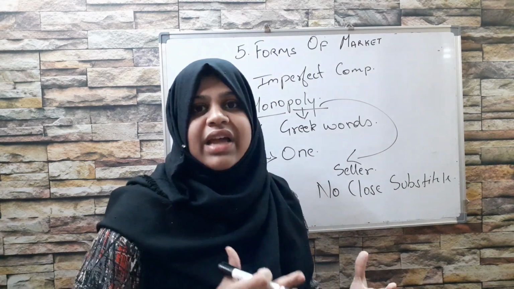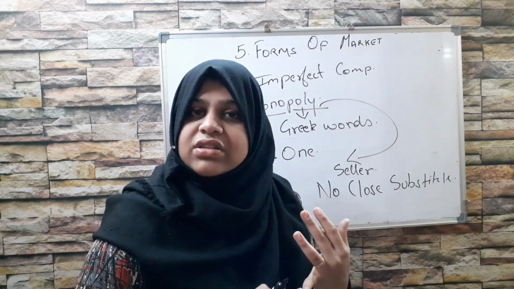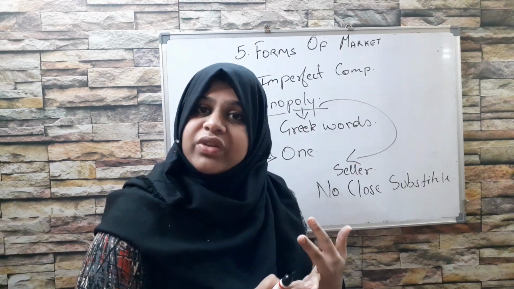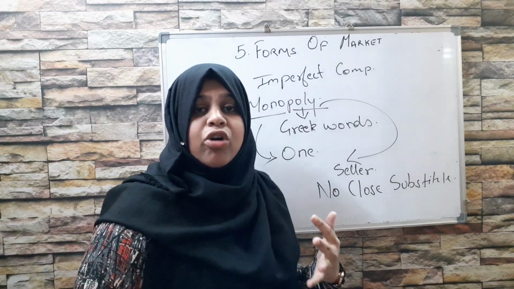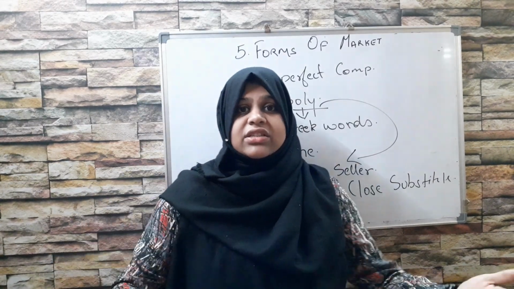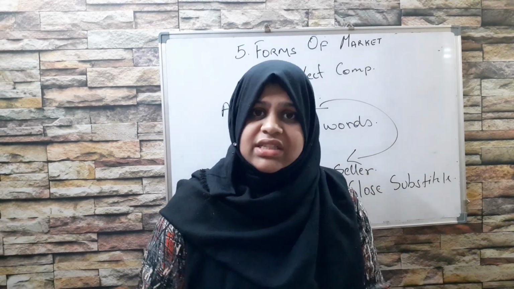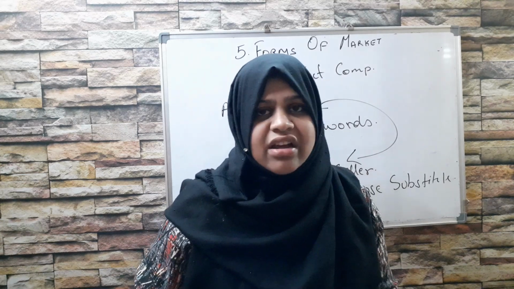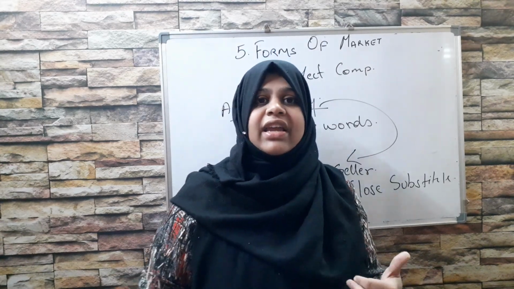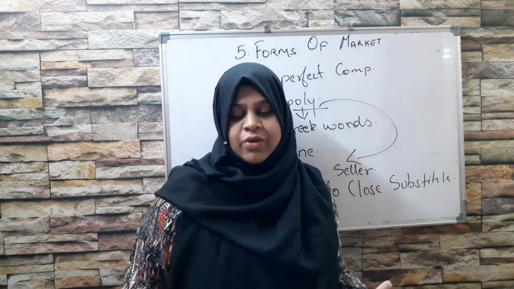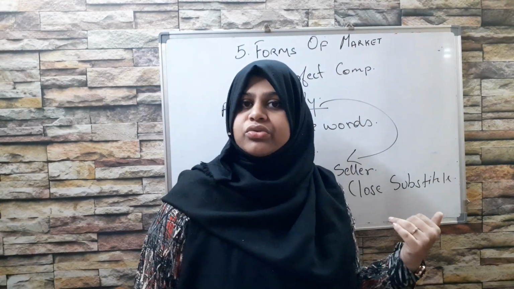He is going to decide what will be the price of this commodity, how much he will supply, and how much profit he is going to earn out of that commodity. Because he is the monopolist, there is no other seller available, and that is why he is going to take advantage.